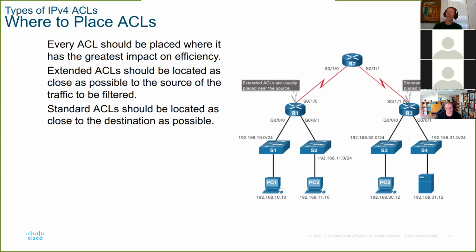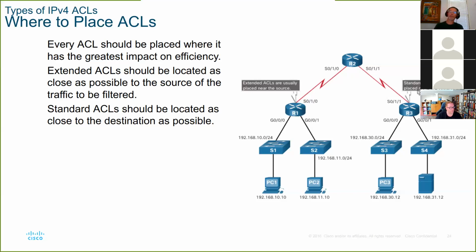If I were putting it here because I were blocking everything on this side, I would put it here inbound. Now, you could make an argument and say, well, why not put it here outbound, right? Since this is a serial link, router 2 might very well connect to the internet. So let's just say we could move it up here, because if we don't want them to get to either of these LANs, and this is the only thing they're going to do by crossing that link, great.